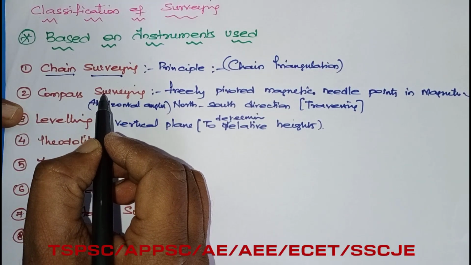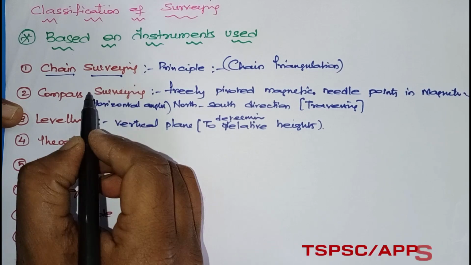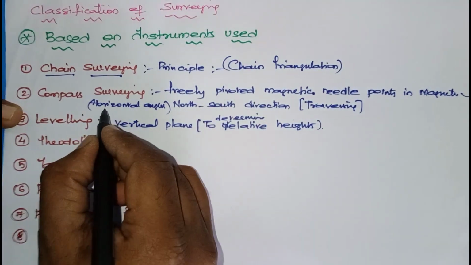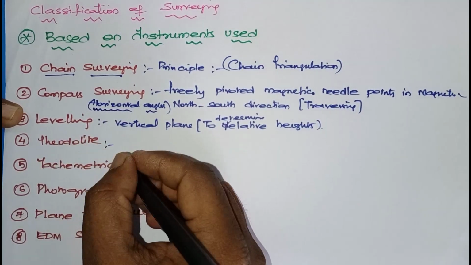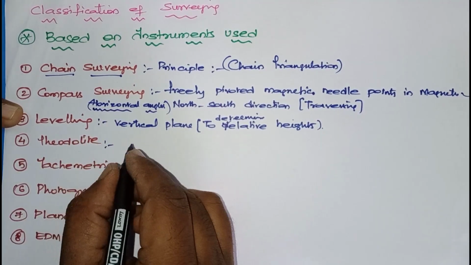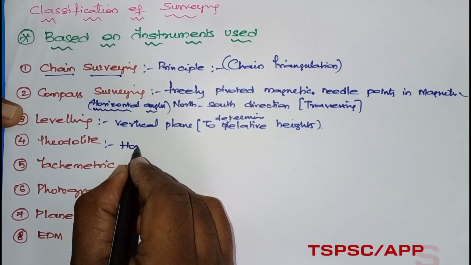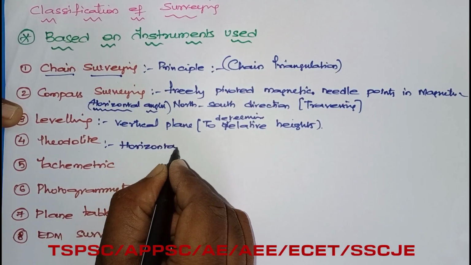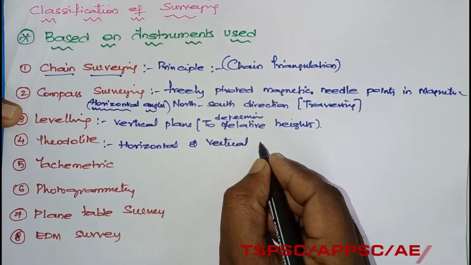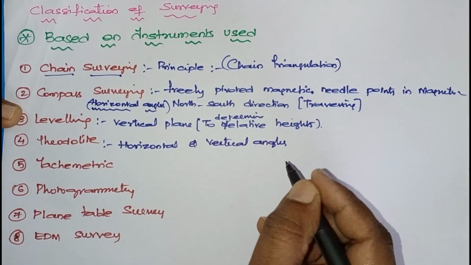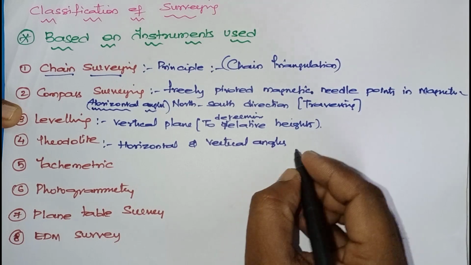If angular measurements are to be taken, then we shift to compass surveying, and only horizontal angles are taken. Whereas theodolite is to measure both horizontal and vertical angles.